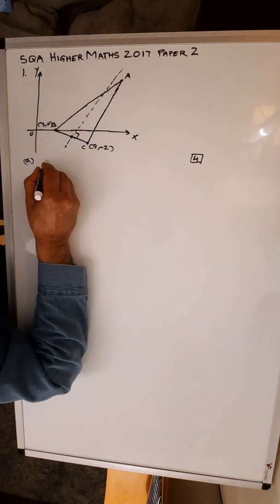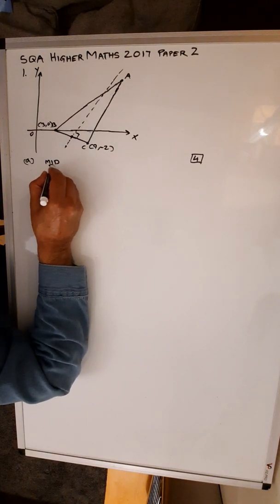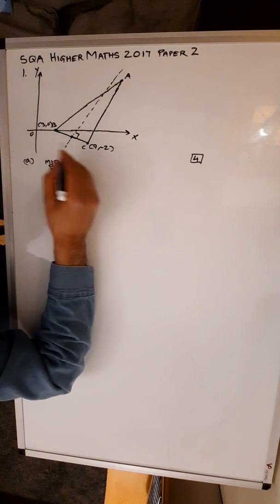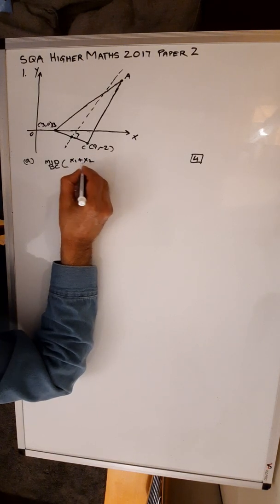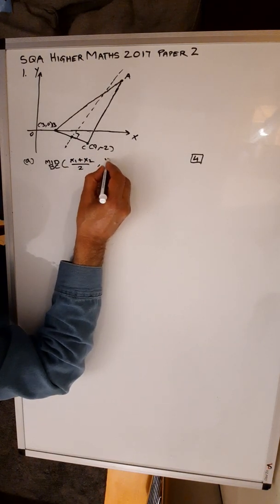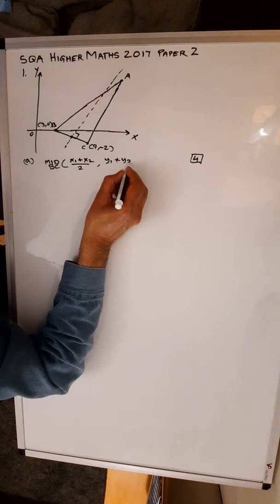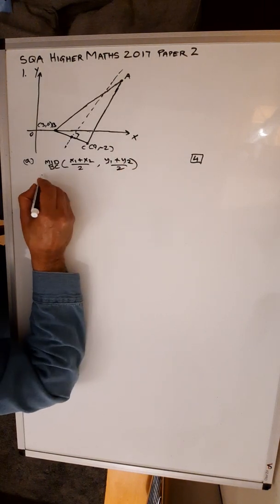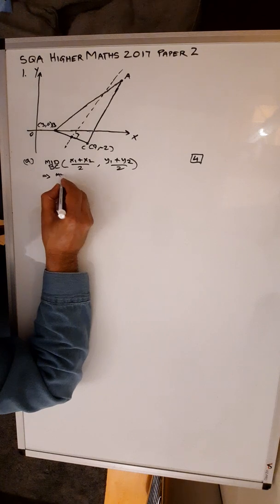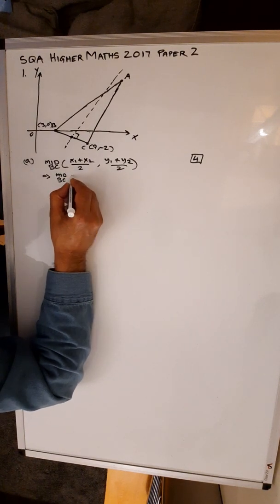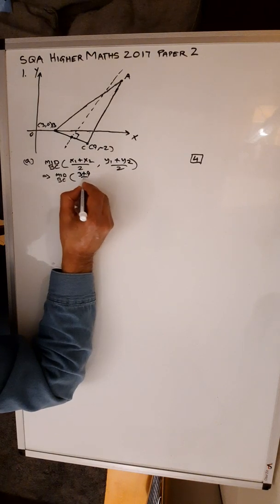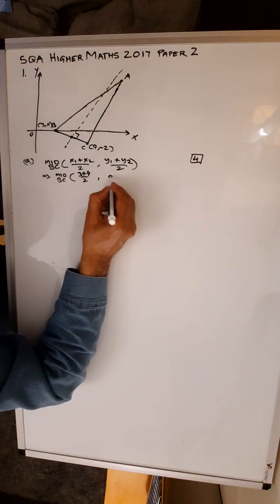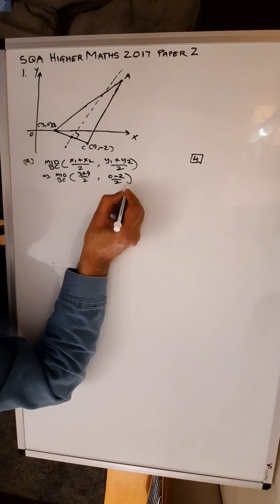You want the midpoint of BC, which is (x1 plus x2) over 2, (y1 plus y2) over 2. So mid BC is (3 plus 9) over 2 and (0 minus 2) over 2.